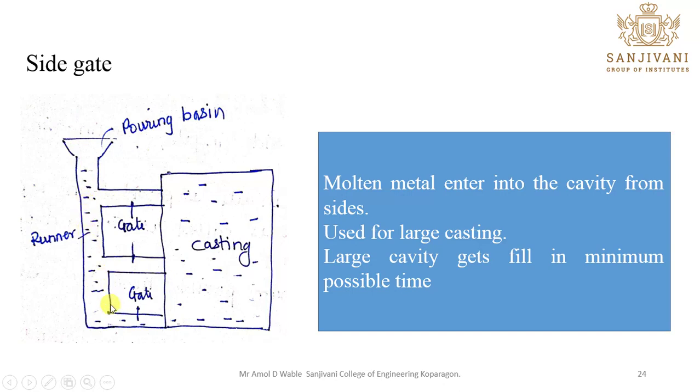When you pour molten metal, the bottom part will fill. Consider gates 1, 2 and 3: 1 will fill the bottom side, 2 will fill the middle side, and 3 will fill the topmost side. So at a time your cavity fills equally, and you can get good directional solidification, because in a large volume casting there might be a chance of cold shut defects or more shrinkage defects. Those can be reduced by using a side gate.